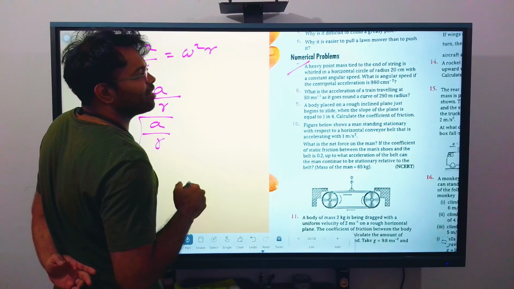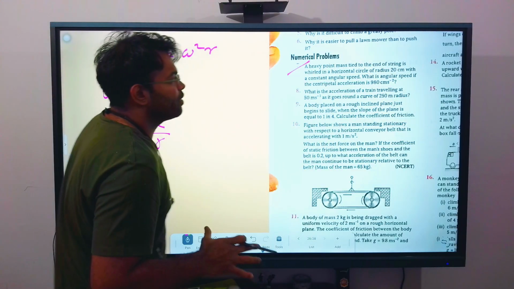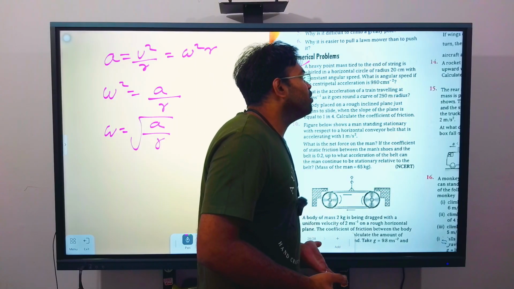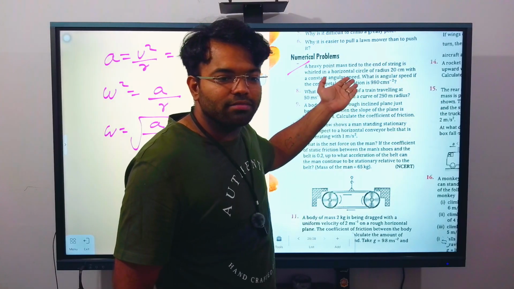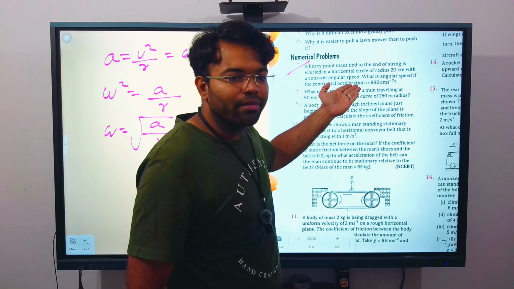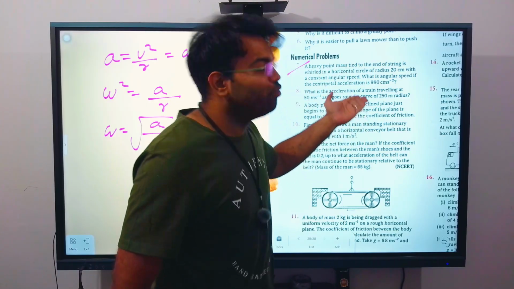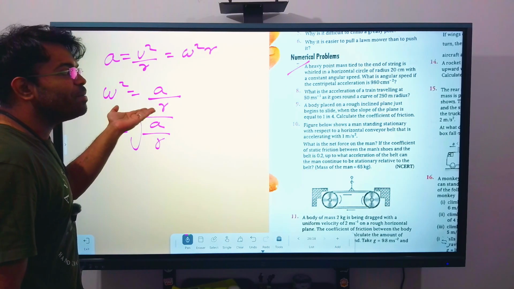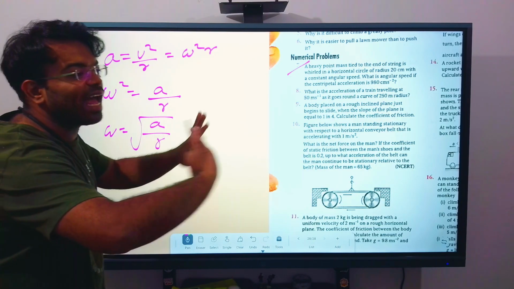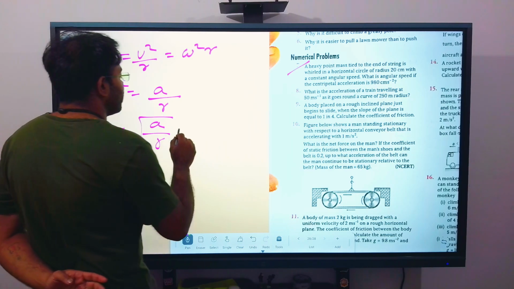So what is the angular acceleration? Drupad, is there a problem with us not converting the centimeter into meter? Do we have to? Why? Because the centimeter in the numerator and the denominator will cancel each other out and we don't have to worry about it.